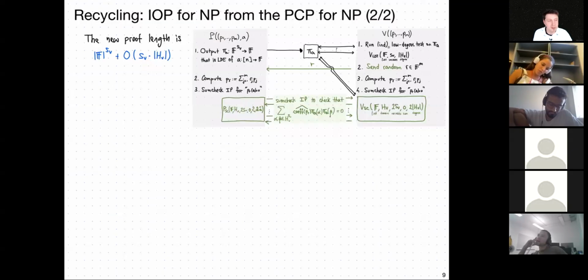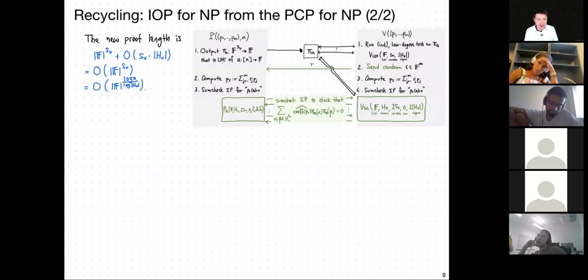So that's order of sv times hv. Now, this first term is the dominant one. We don't care about this because F is already the size of hv, and here it's 2 to the sv rather than times sv. And sv, if you remember, is chosen to be log N over log hv. So that's the new proof length.